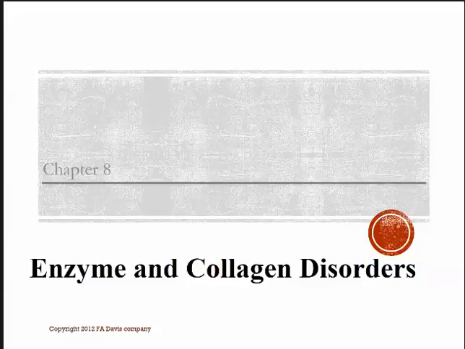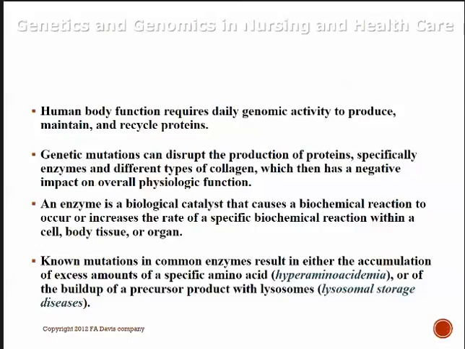This chapter is pretty interesting. We talk about genetic disorders that are related to enzyme function and also the collagen disorders that are related to the production of collagen. So, starting out at the beginning, the human body as it functions requires daily genomic activity to produce, maintain, and recycle proteins.